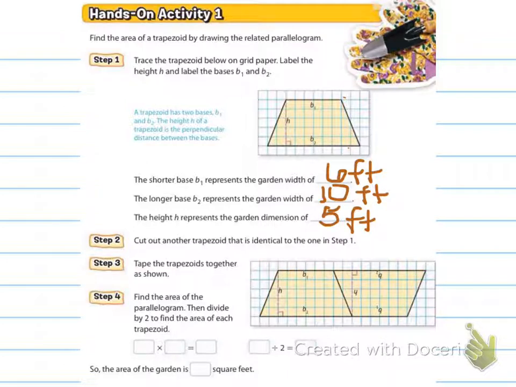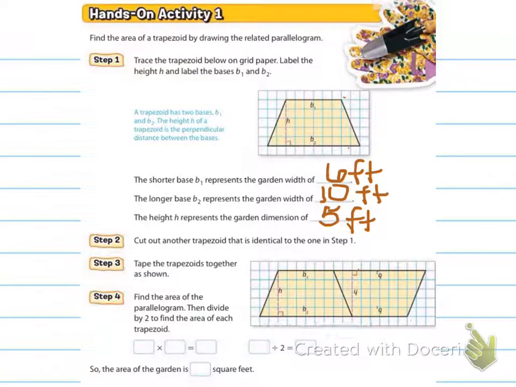All right, so finding the area of the parallelogram would be base times height, right? And they're saying that if we want to know what it is for just a trapezoid, we can take that area formula for a parallelogram, which is base times height, and divide it by 2. That way we can find the area of each trapezoid.